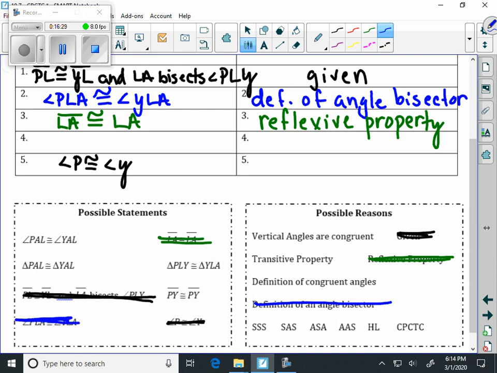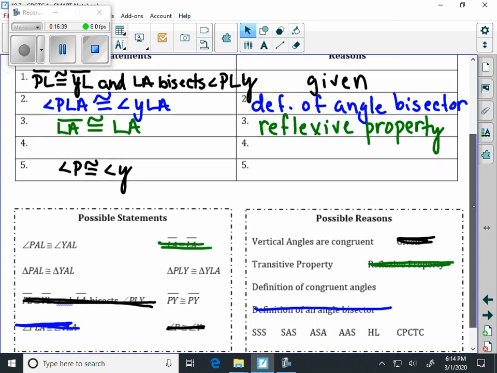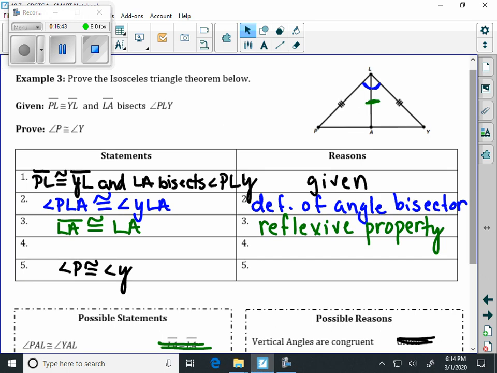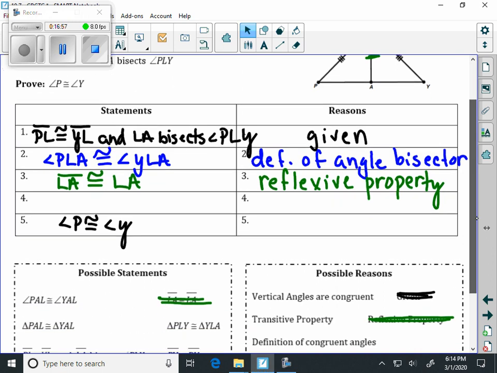And then hopefully we have enough information to say something about our triangles. And luckily in our possible statements, we only have two choices of triangles. But as I look back up here, it looks like angle PLA is congruent to angle YLA, but I don't think that's what our statement says down here.